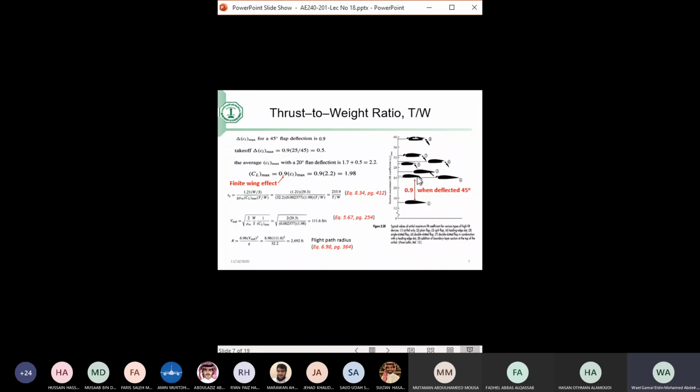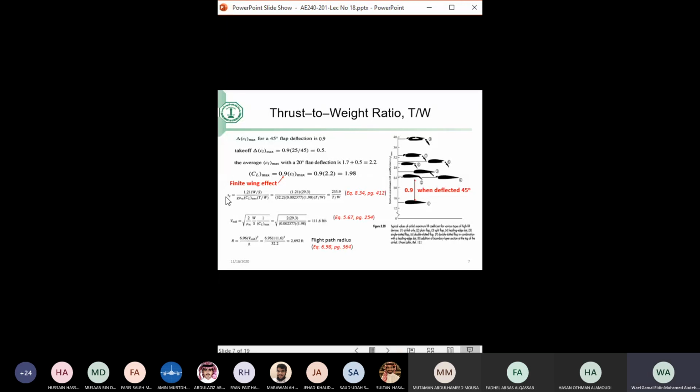But since the flaps here in takeoff are not fully deflected, they are almost half deflected, instead of 45, it's 25 or 20 degrees, then I can expect that I will not get the full 0.9. I will get only half of it. So 0.9 times the ratio of flap deflection gives me about 0.5 or 0.45. That's the extra lift I will get by deflecting the flap 20 or 25 degrees. So the total CL max is 1.9 plus the 0.5, which is 2.2.